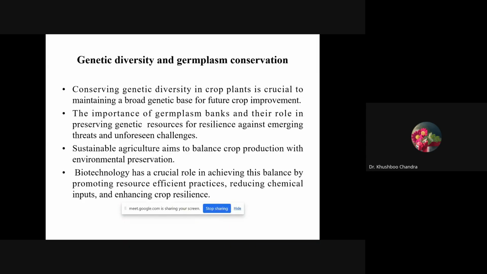First and foremost, when we talk about diversity, and how variation is created, we all know that genetic diversity forms the foundation for all crop improvement. Even if you look at your hand, all five fingers are not the same, right?